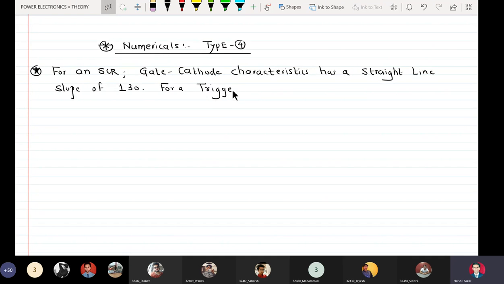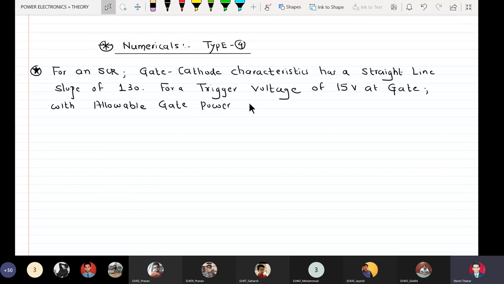For a trigger voltage of 15 volts at gate with allowable gate power dissipation of 0.5 watt, compute the gate source resistance.